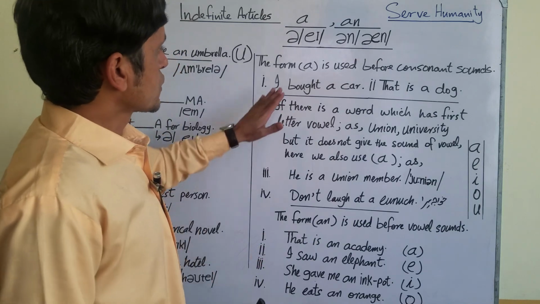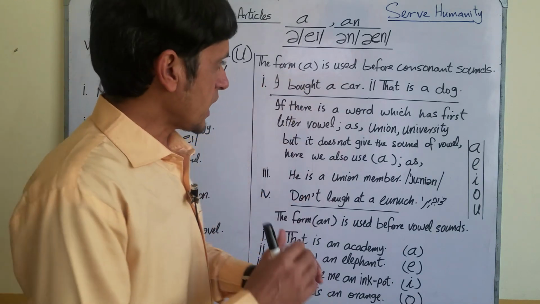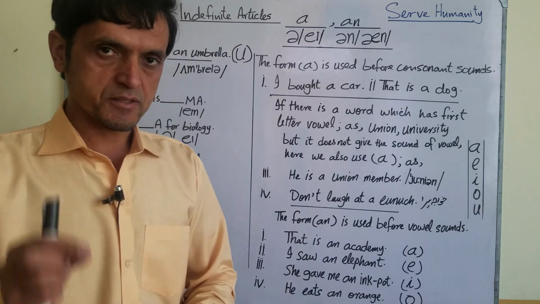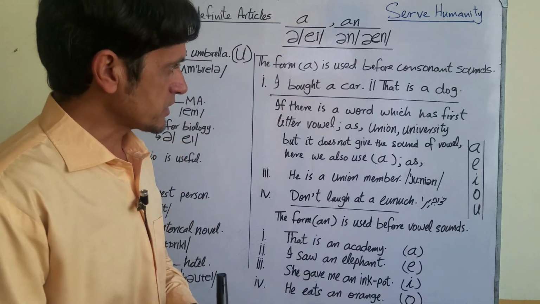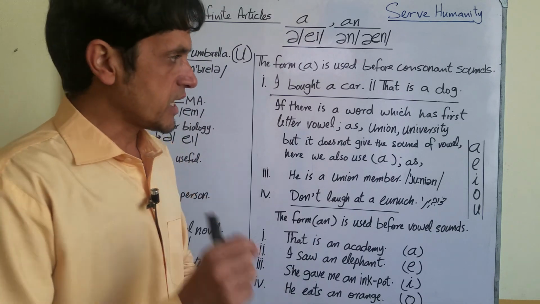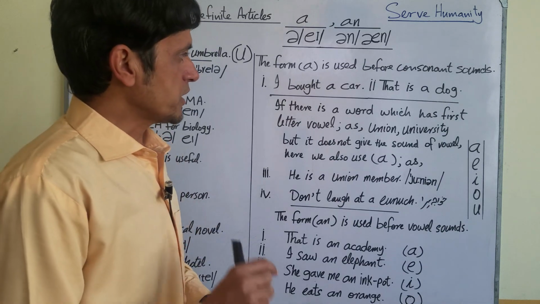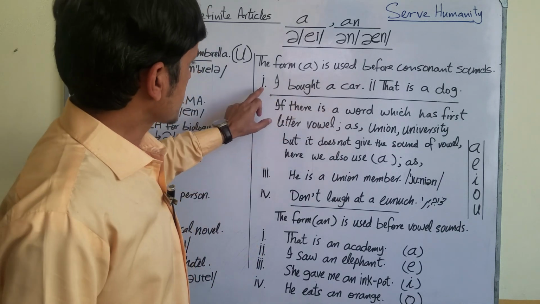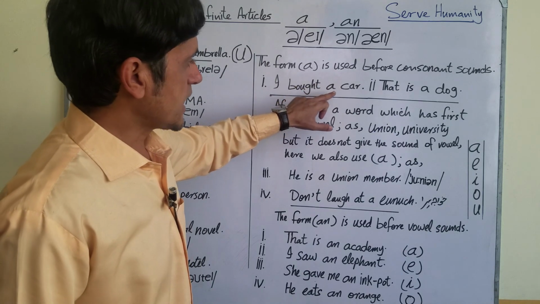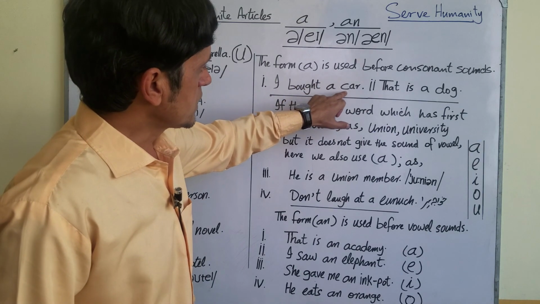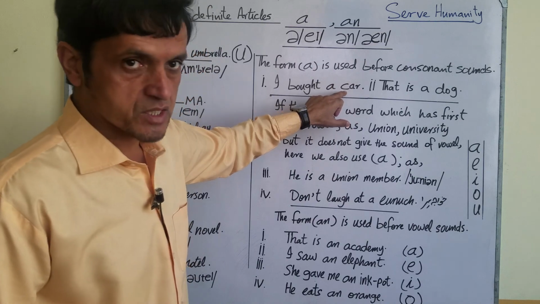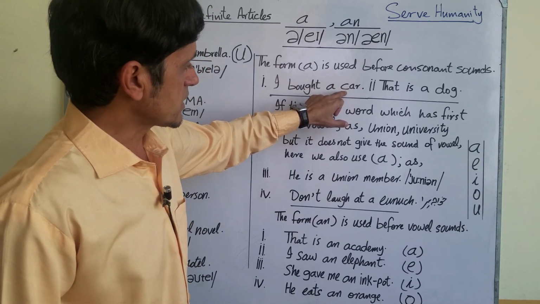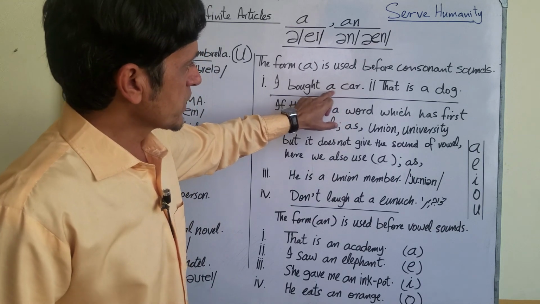Okay, so when we have a word which has a consonant as its first letter, and we use a or an, if the first letter is a consonant, we will use a. For example, I bought a car. Now you see, this is the first letter of this word, and this is a consonant, so we will use a here.